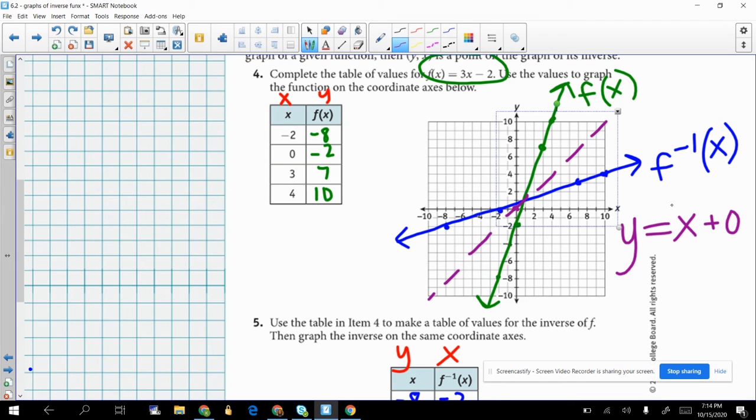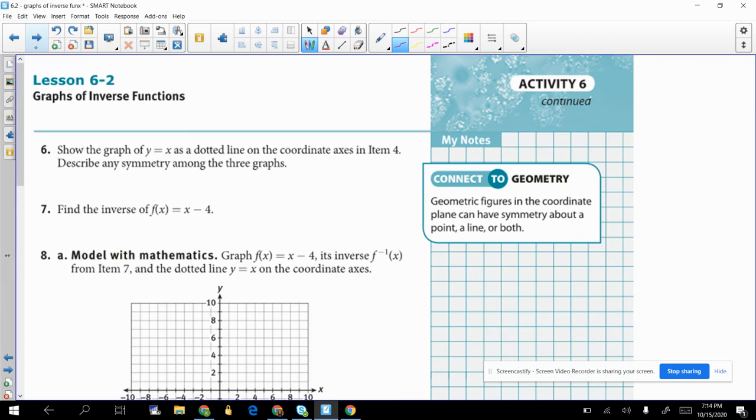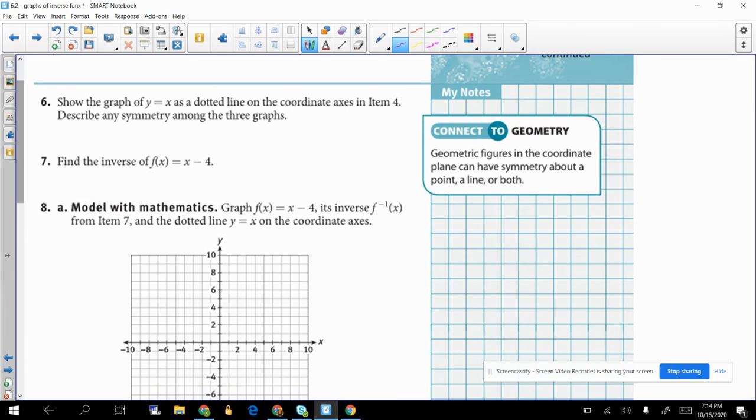And then it goes up 1 over 1 as the slope. So up 1 over 1, up 1 over 1 would make that perfect diagonal line. So y equals x is the diagonal line. And that's what it says in number 6: show the graph of y equals x as a dotted line on the coordinate axes in item 4. Describe any symmetry. So you should be realizing that those inverse functions were symmetrical about the y equals x line.